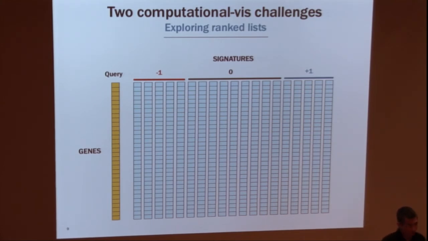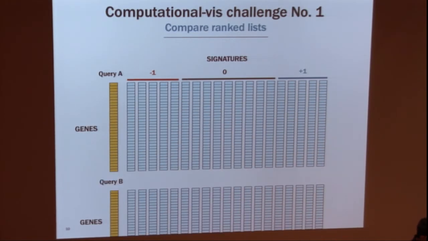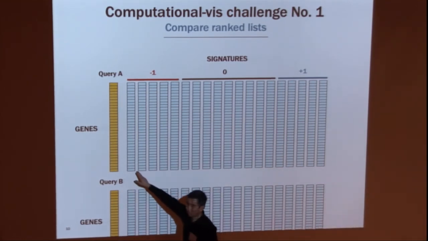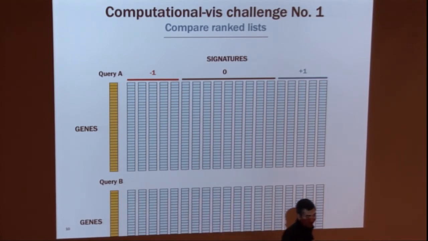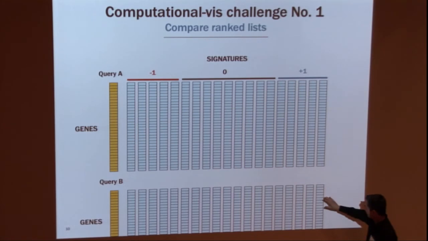There are two basic computational visualization challenges with exploring these sorts of ranked lists. The first is that we want to compare ranked lists. For example, this is the query for gene A, and you might say that it looks a lot in gene expression space like overexpressing gene X, and it looks like the opposite of overexpressing gene Y. If you knock down gene B, it may look like a gene expression signature of drug W and the opposite of drug Z, and so forth.